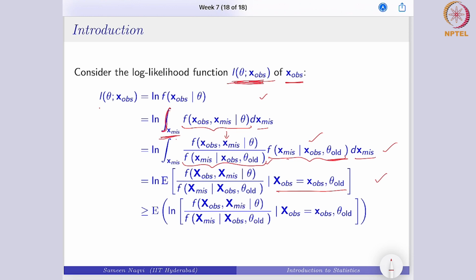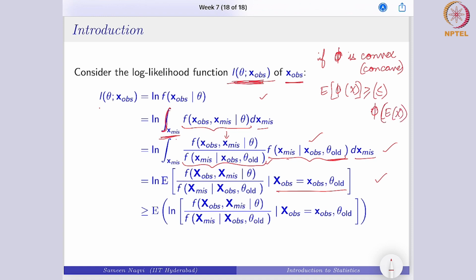Here, if you see, we use Jensen's inequality, which says that if phi is some function which is convex or concave, so let me write for convex and concave simultaneously, then expectation of phi of x is going to be greater than, and in the concave case it is going to be less than, phi of expectation of x.